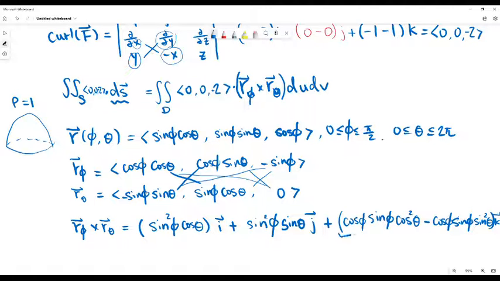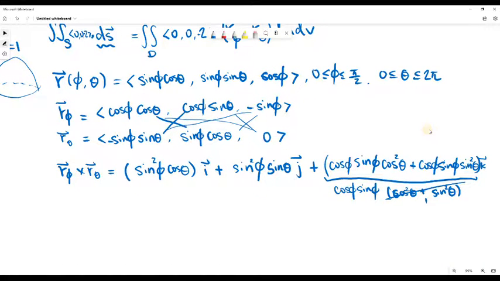And this is the part where we have a minus, a negative, so it becomes positive. Then we can use our Pythagorean identity by factoring out sine phi cosine phi. So we have cosine squared theta plus sine squared theta, which is 1. So this is gone.